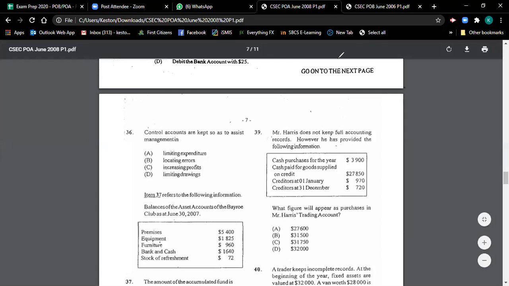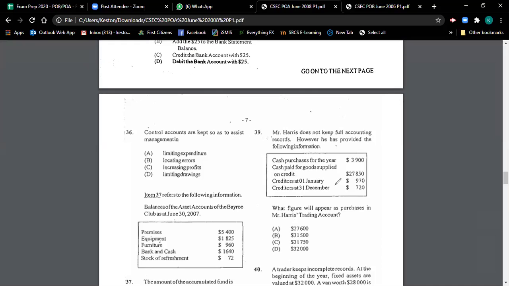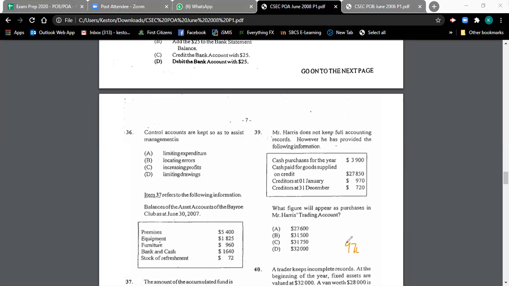Let's see. Let's work it out on C. So creditors at the 1st of January was 970, right? So you're owing 970, so that's our minus. And then you come and you pay 27,850, right? So that's how much? There's my calculator. 27,850 minus 970.